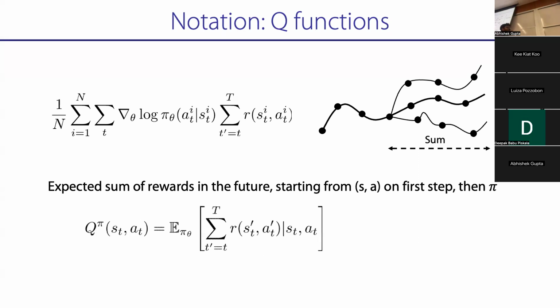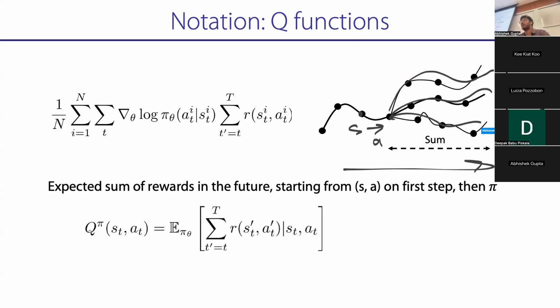You can think of it in terms of what we want. At the first state, let's call it S, I take my action A, and then I average over many possible futures that the policy could have taken. So I always take the first action A and then sample from the policy thereafter. You take the sum over the future rewards and average them.